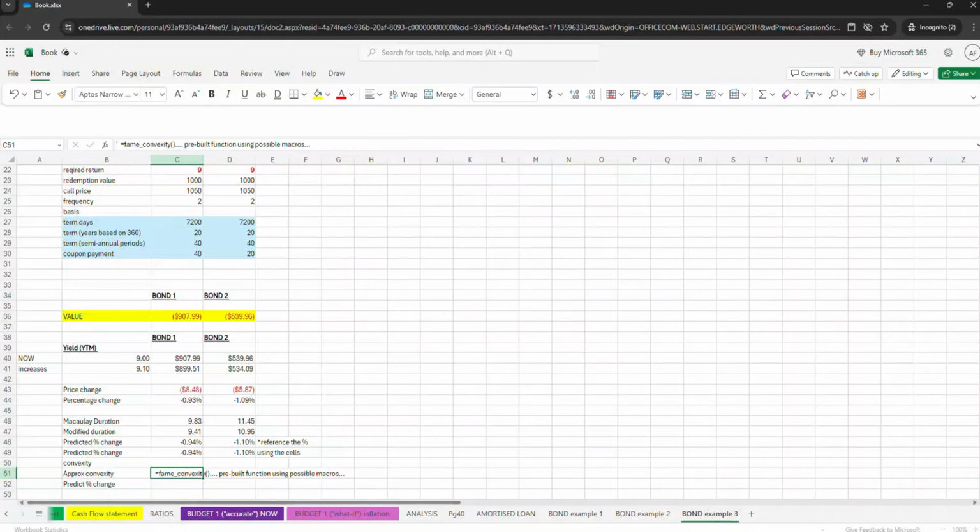Yes. But then they also say, now enter the formula equals FAM underscore convexity brackets B2, B3, B5, B6, B9, and B10 in B22. Copy this formula to C22. I do think this must be an inbuilt function. It's not pre-built in Excel, but it's one that they've created using these formulas. Does it make sense? Yes.